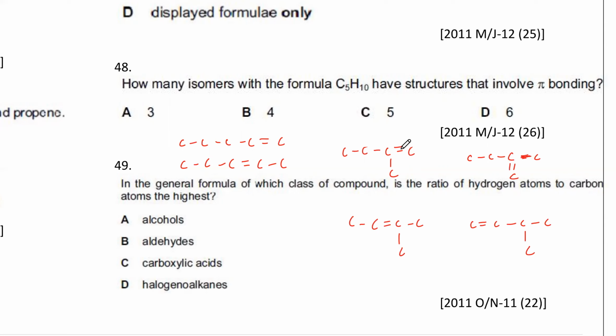Whether the double bond is between these 2 carbon atoms or these 2 carbon atoms, the structure is exactly the same. You have a double bond carbon atom, and that has 1 carbon atom and 2 carbon atoms on one side. So these two are exactly the same. They're connected in exactly the same way.